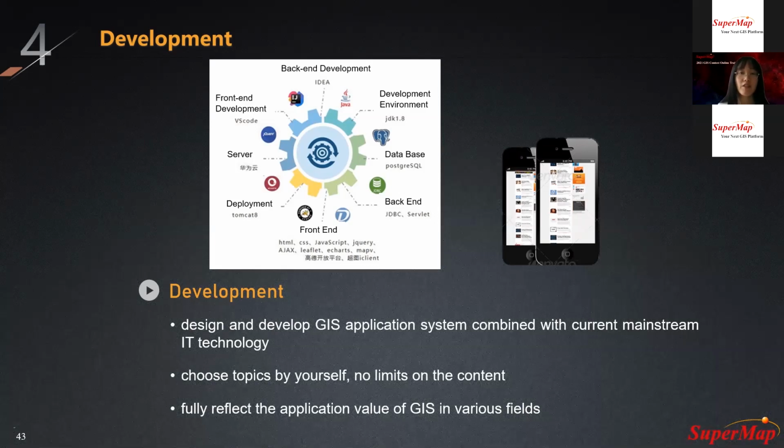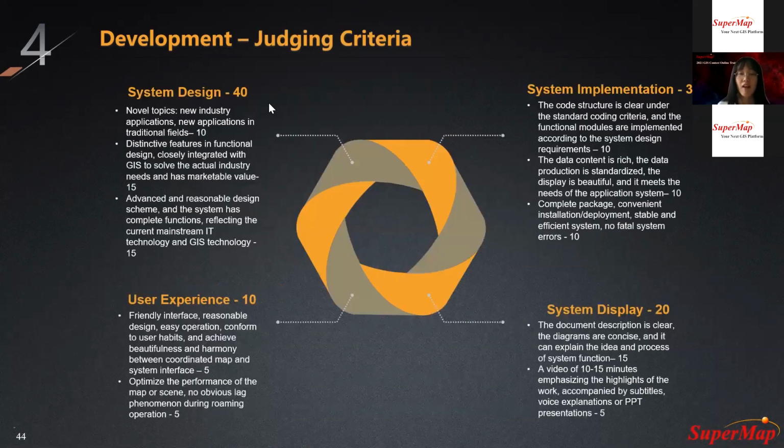Here is the judging criteria for development group. The most important 2 parts are system design and system implementation. To design your system, you should first have a novel topic that comes from industrial application or find some new application in traditional fields.